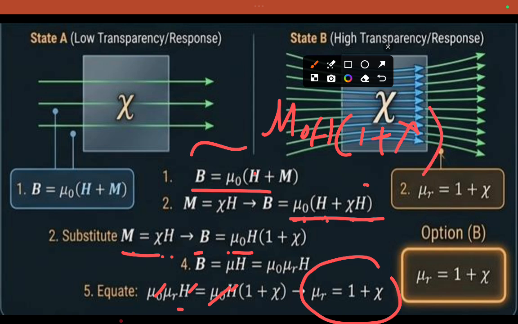And B equals mu naught mu r H. So mu naught H will be out, then mu r equals 1 plus chi.